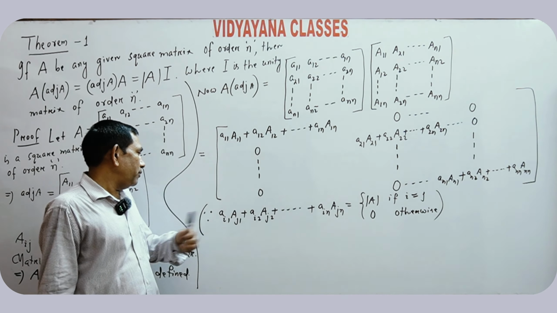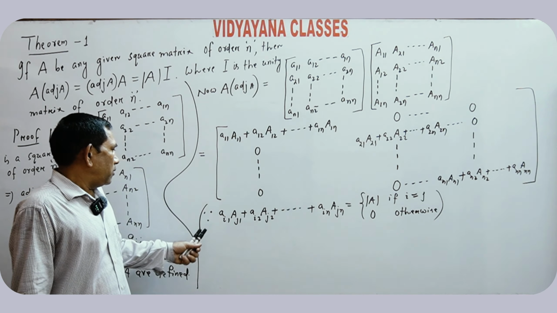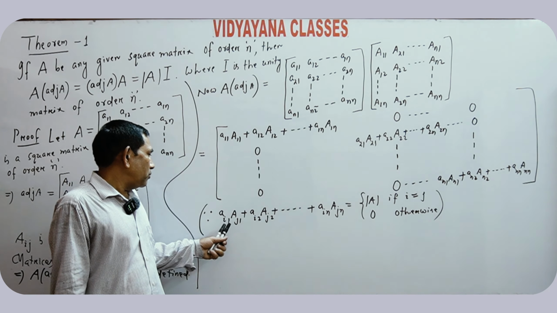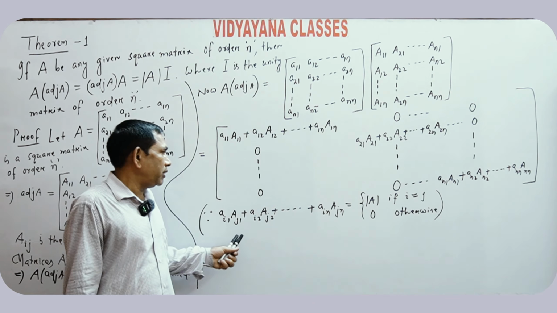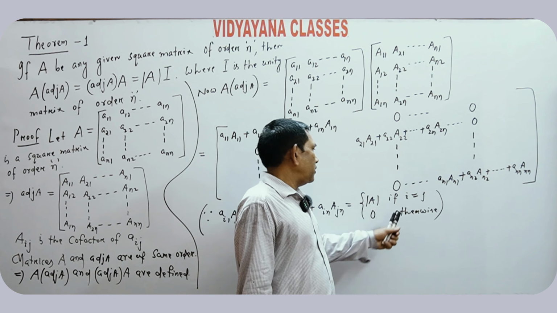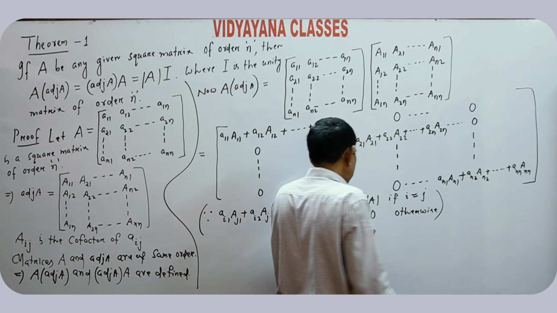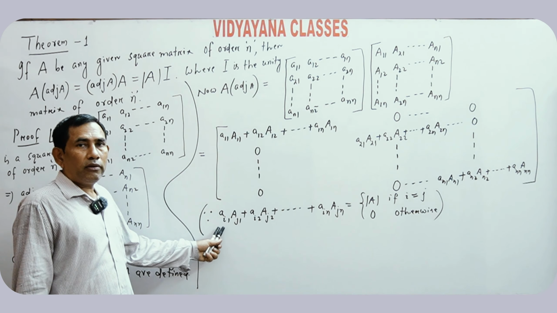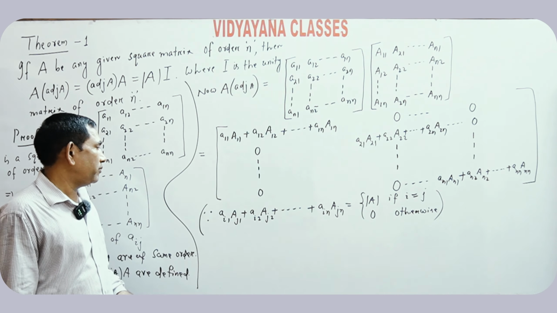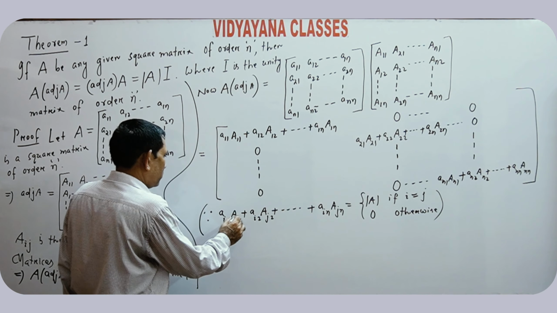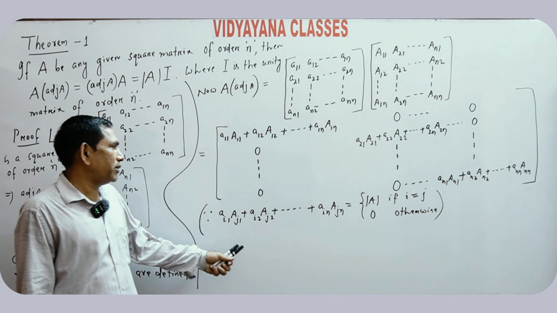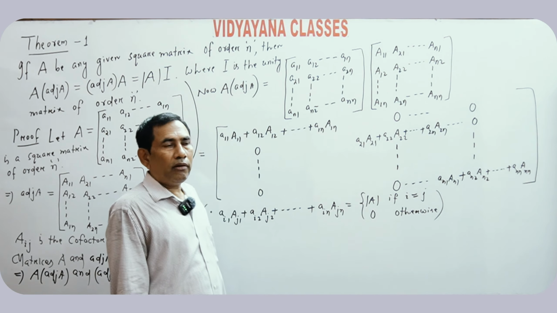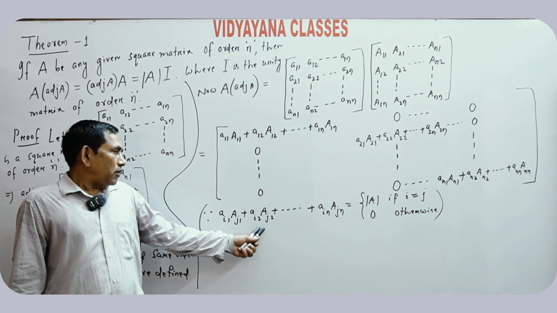Sum of the product of the elements of a row or column with the corresponding cofactors is equal to the determinant. It is one of the properties of determinant.